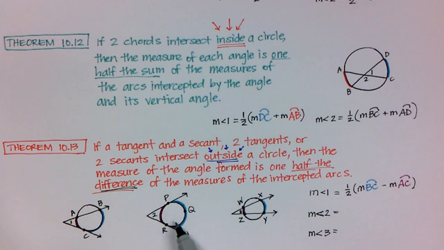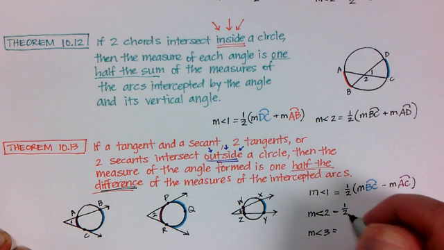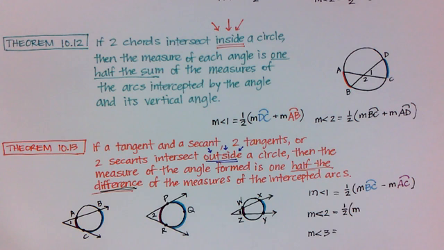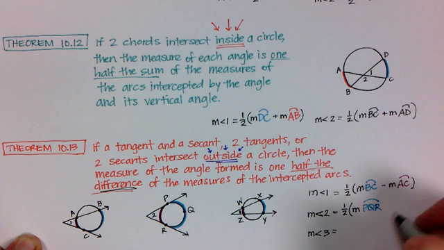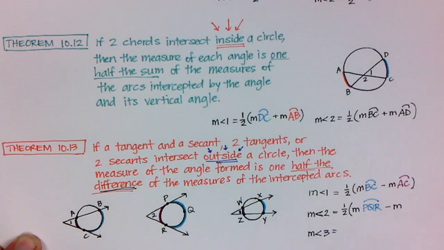The same goes for angle 2 right here. It's going to be 1/2 the measure of that bigger arc, PQ all the way to R, minus the measure of that inner arc, which is just PR.